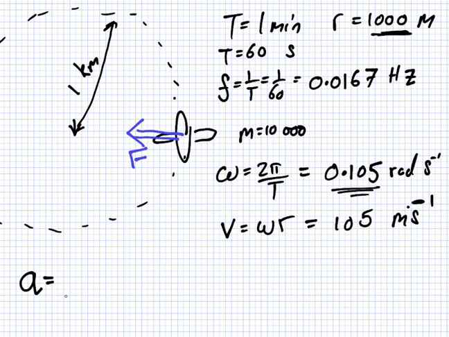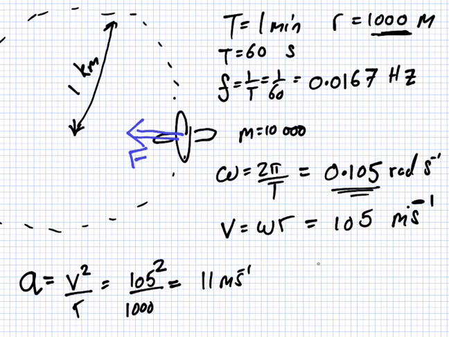It's v squared over r. So that is 105 squared over 1,000. What's that? 11.025. Okay, let's go to 11. 11 meters per second squared.